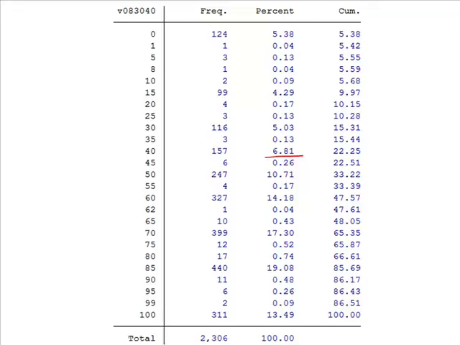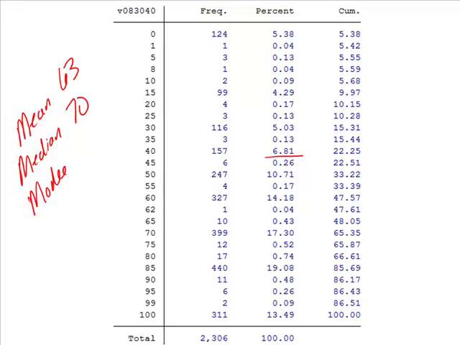Nothing is higher. So in summarizing this data set, we've given ourselves 3 different numbers to look at. The mean was 63. The median was 70, and the mode was 85.